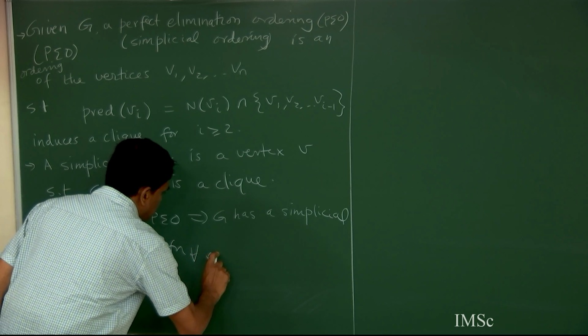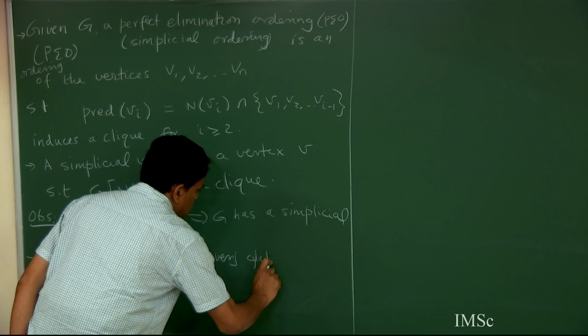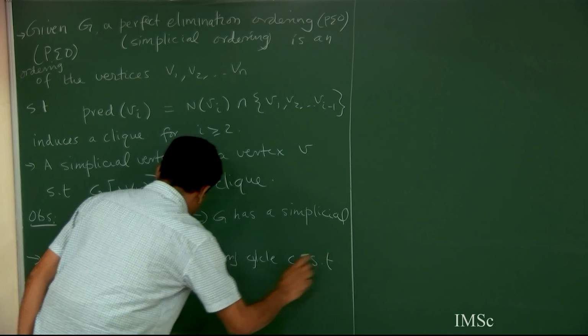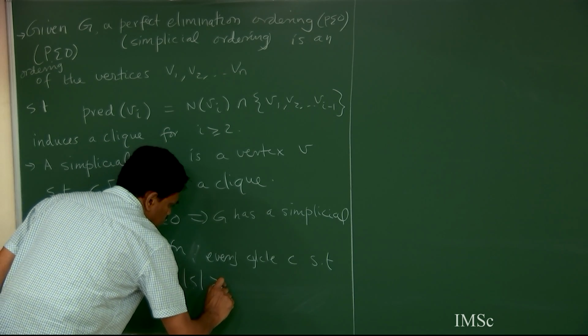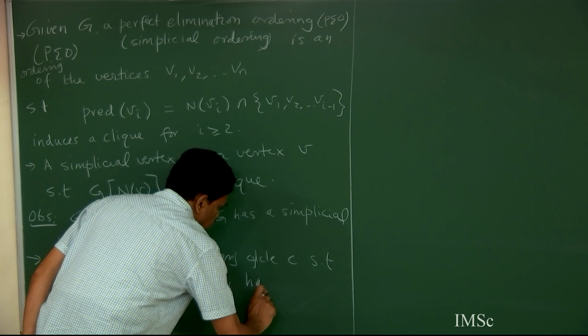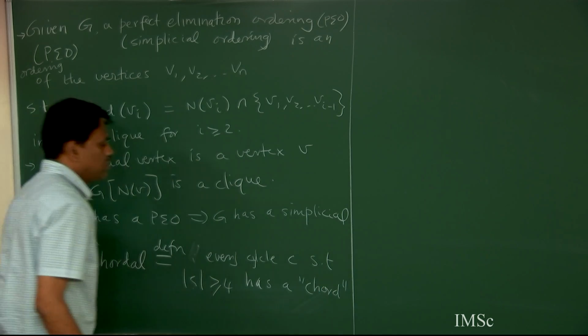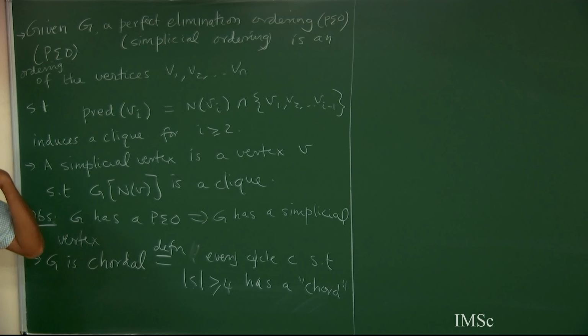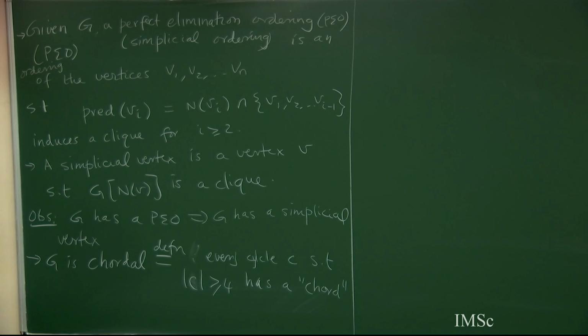For every cycle, a chord is an edge that joins two non-adjacent vertices of the cycle.